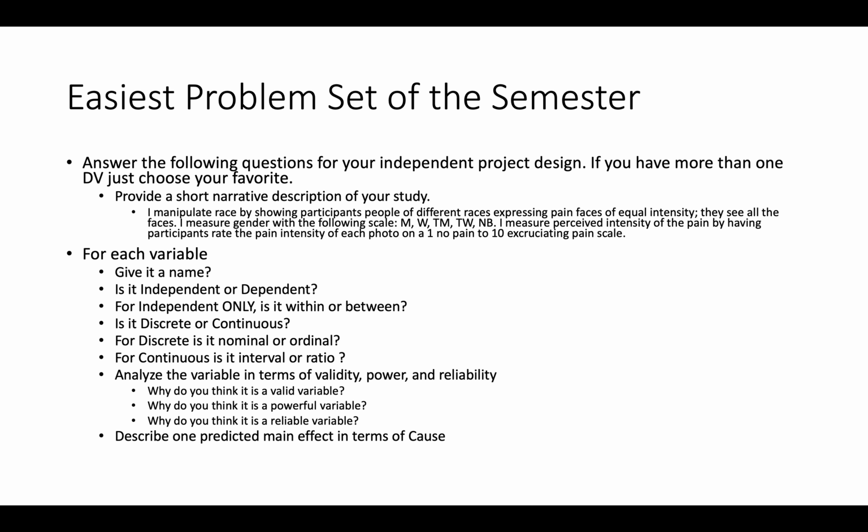Maybe gender is associated with an increase in pain intensity for men. Maybe that's how I'd state it, right? Or I could say, patient race caused lower pain perception. Right? That's all I want.